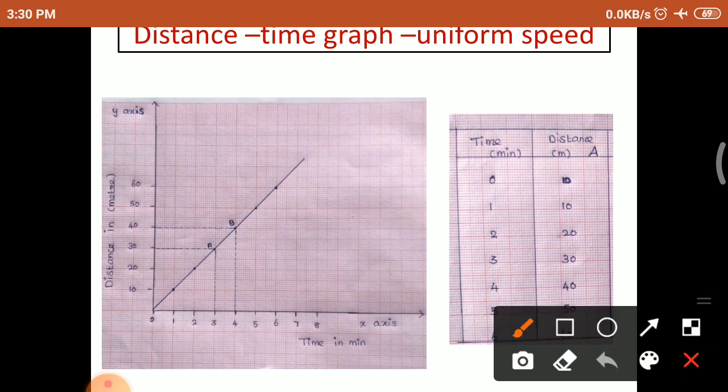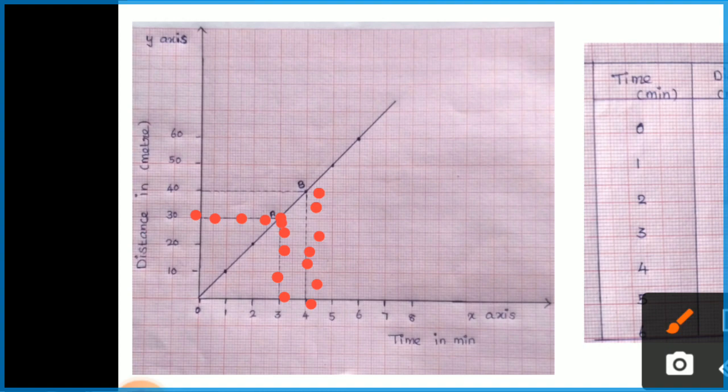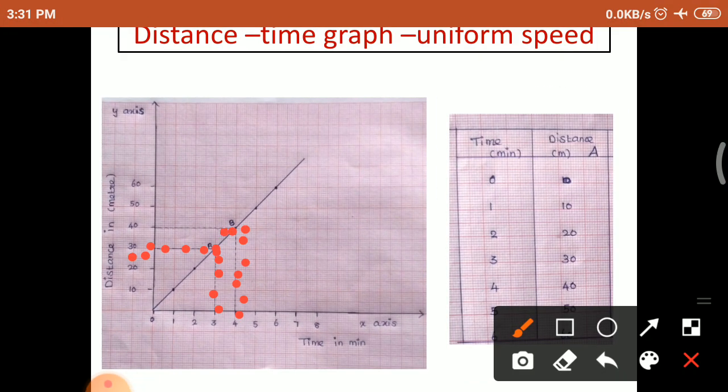And then you have to draw a perpendicular line to the x-axis and also the y-axis. So here for A, I have drawn a perpendicular line to the x-axis and a perpendicular line to the y-axis. The same for point B, I have to draw a perpendicular line to the x-axis and also the y-axis.